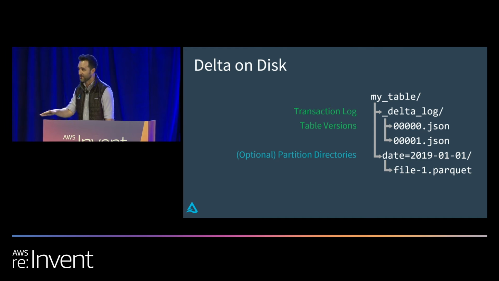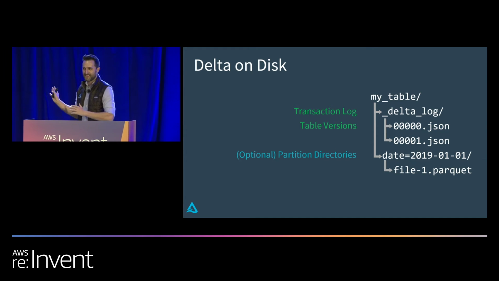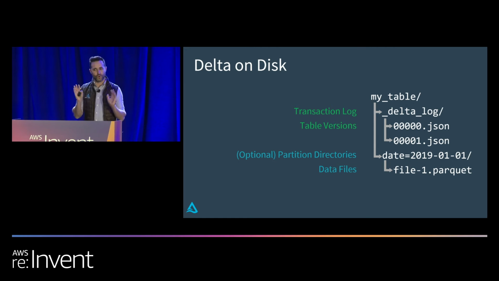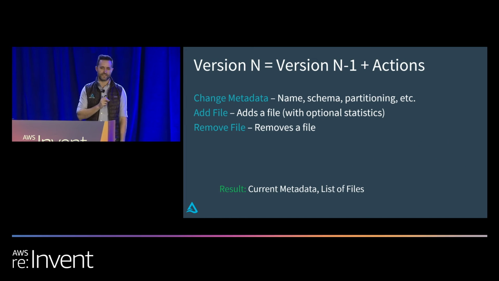S3 does not like that. You can overload it. So Delta has this mode where we create random partition directories to avoid that anti-pattern. And we actually have overloaded S3, which I think is kind of crazy. And then finally, data files, which are just stored in standard Apache Parquet, can be read by any of those existing tools.